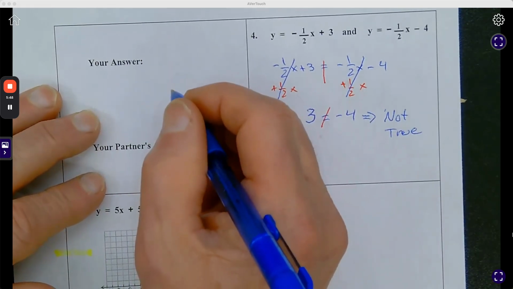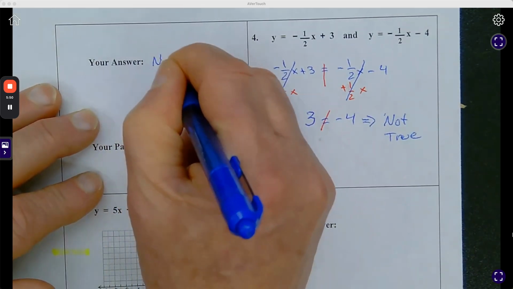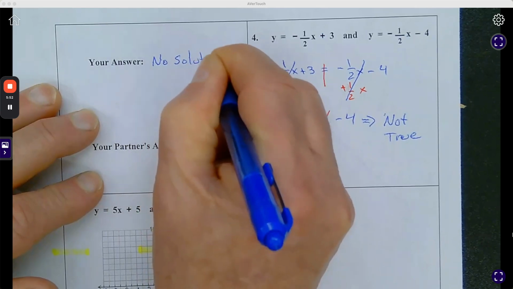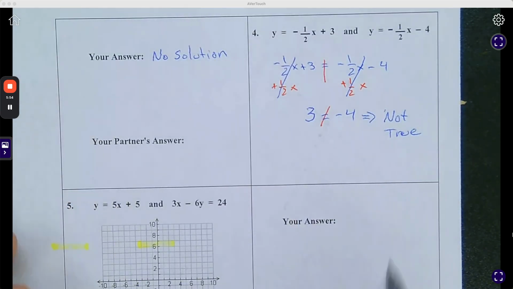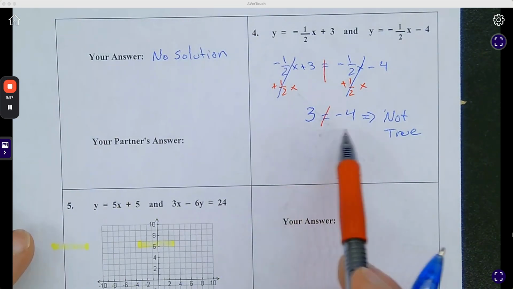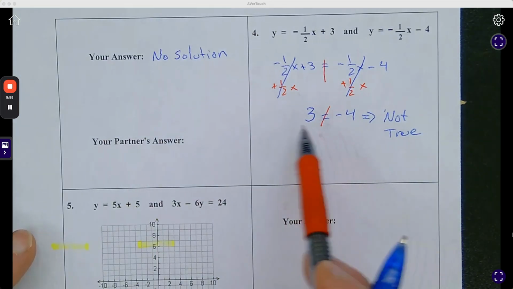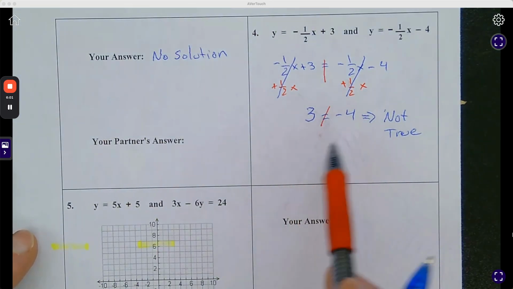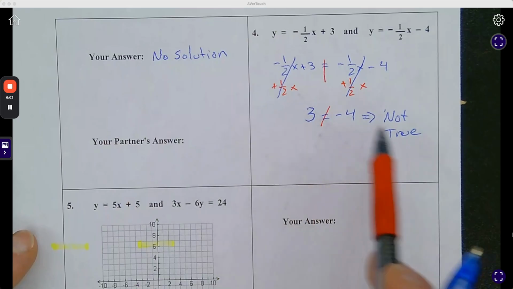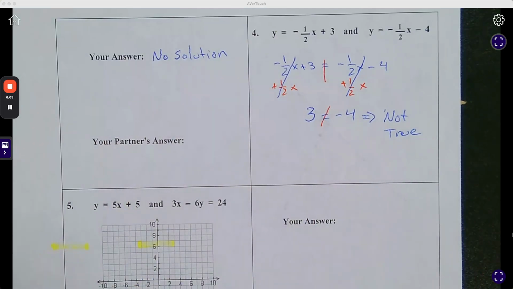So there is no solution. Okay? So if all your variables drop out and you get a contradiction, that means it's not true. When the numbers do not equal each other, that means they're parallel, no point of intersection. And they'll never be the same, right?